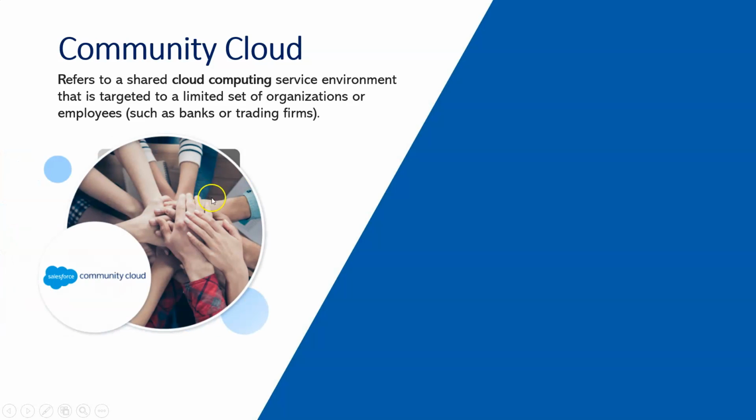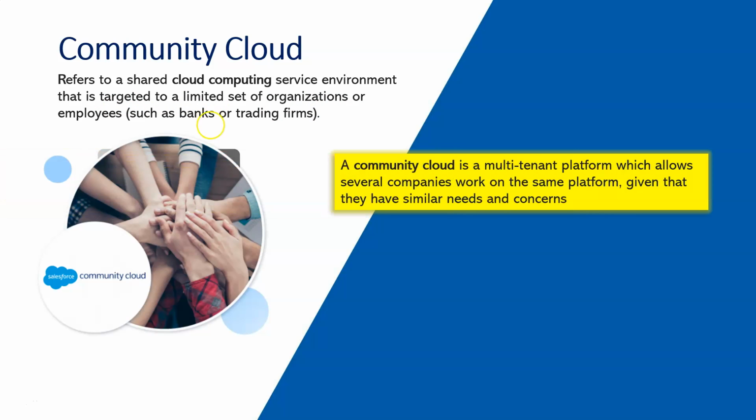If you see the definition here, community cloud refers to a shared cloud computing service environment that is targeted to a limited set of organizations or employees, such as banks or trading firms. Community cloud is a multi-tenant platform which allows several companies to work on the same platform given that they have similar needs and concerns.